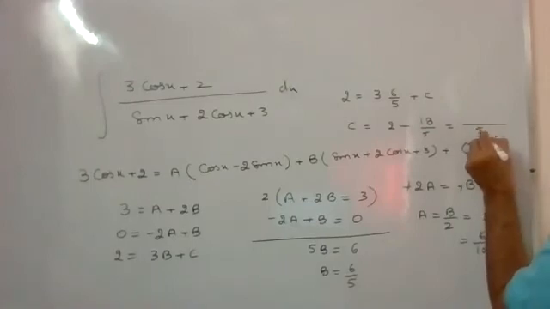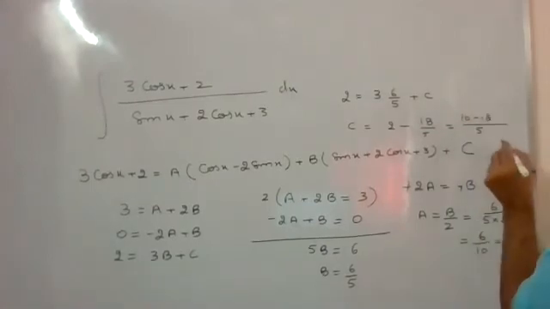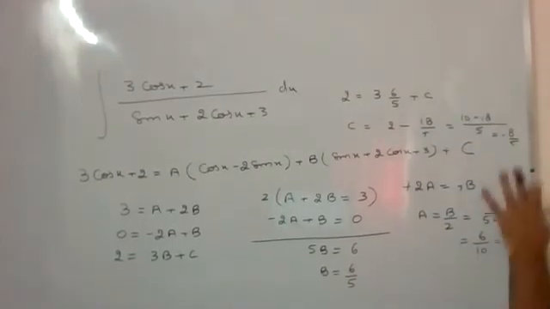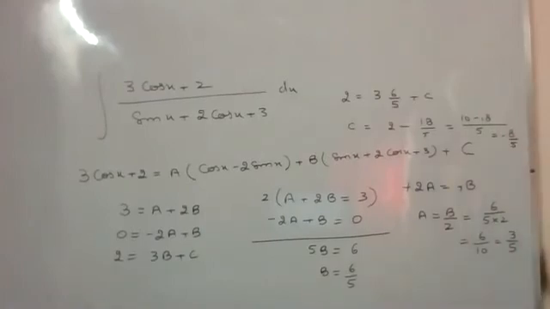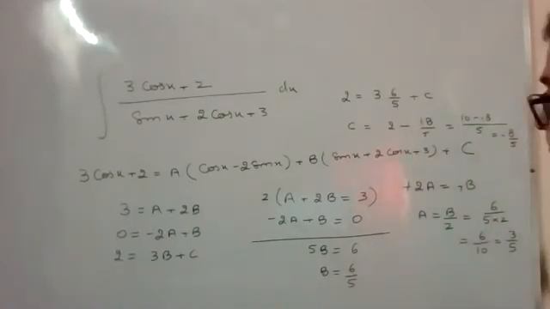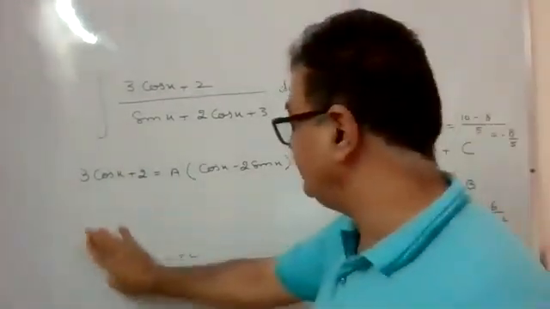So it will be 5 here, 10 minus 18, so it is coming minus 8 by 5. So now you got the value of A, B and C. This is B, this is A and C is here, minus 8 by 5. So I place this value and integrate.